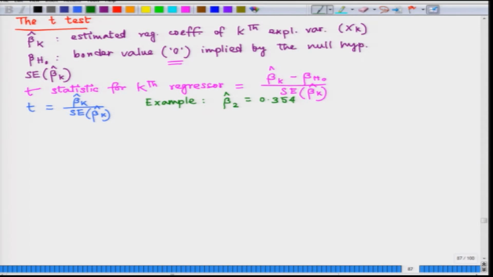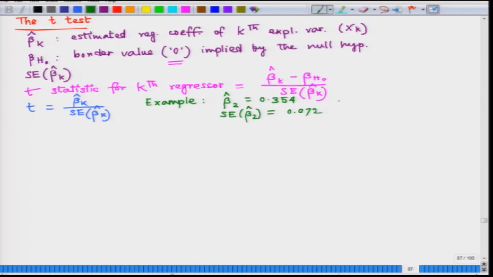And statistical software can also get us the standard error of this beta 2, and that is some arbitrary number again, say 0.072, something like that.